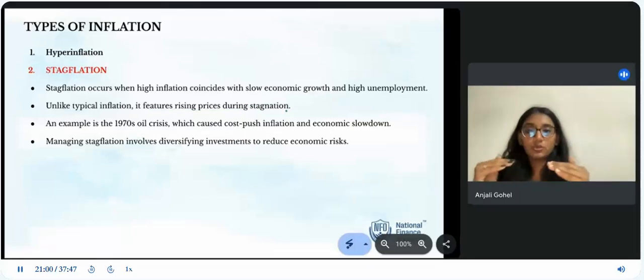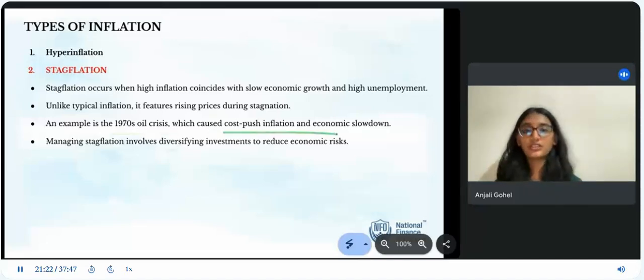It is stagnant. It's not moving, right? It's just in that place and it's not moving. The economic growth will become very slow in this type of inflation, which will lead to high unemployment, right? An example could be the 1970s oil crisis, which caused the cost push inflation.